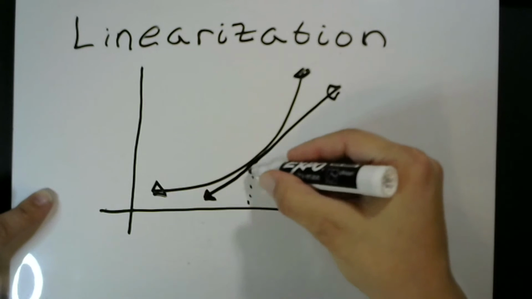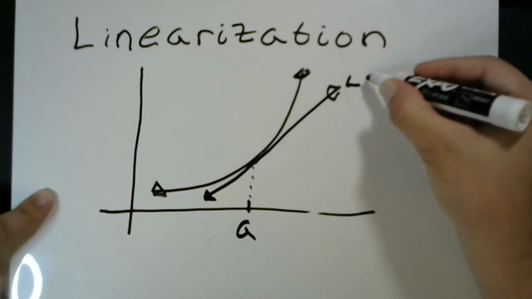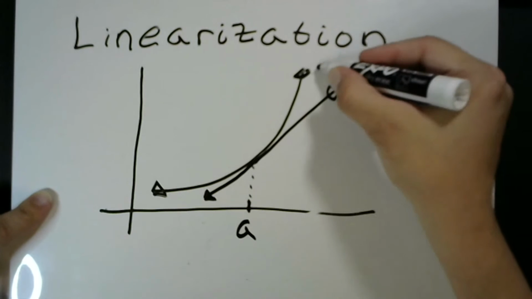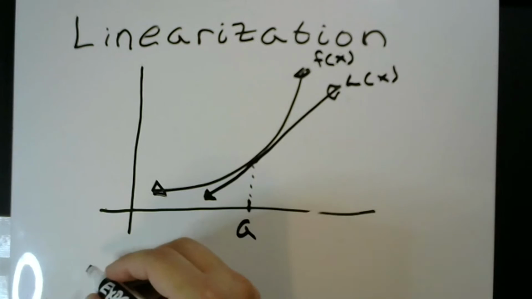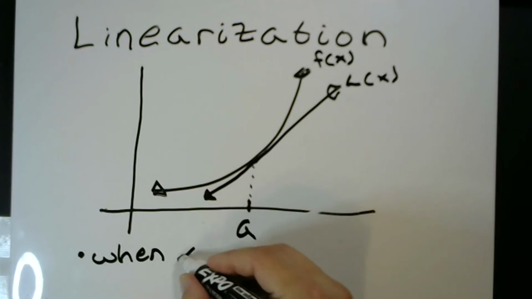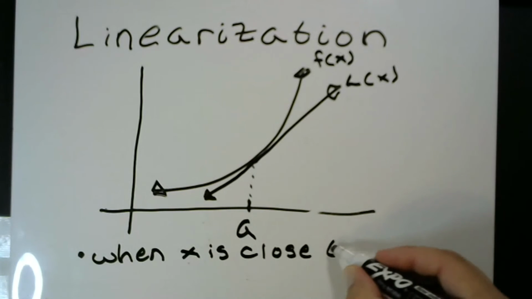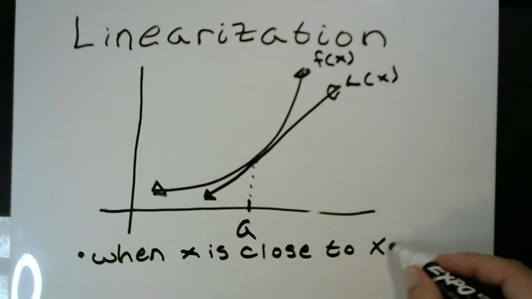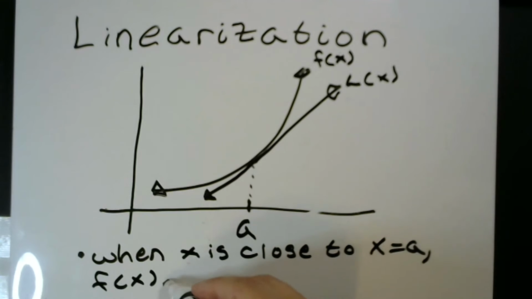So let's say we have the x value a right here, and we have L of x, and we have f of x. So the idea is this: when x is close to x equals a, then f of x is approximately L of x.